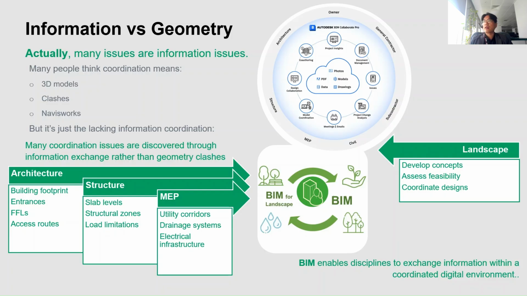And the exchange between different disciplines will happen in a coordinated digital environment. This means 3D model exchange on a platform, like the cloud platform ACC or BIM 360 that we have used for many projects before.